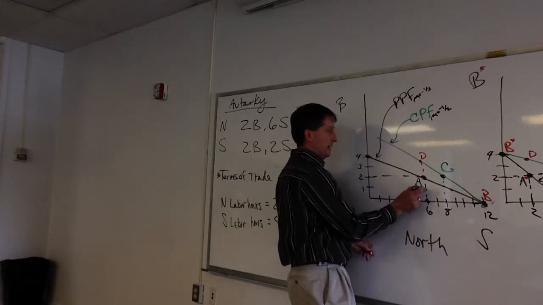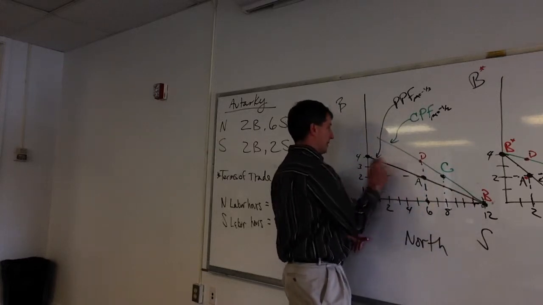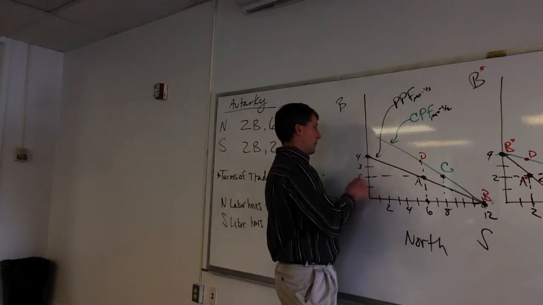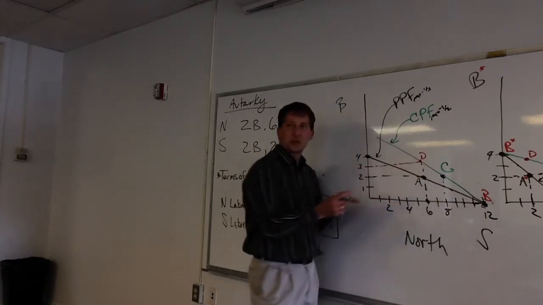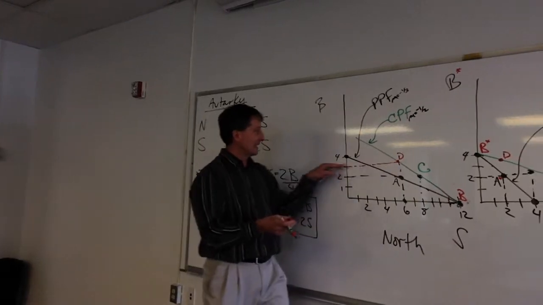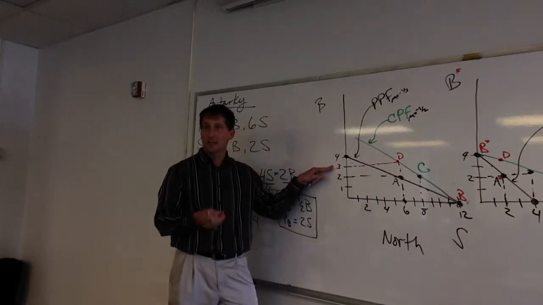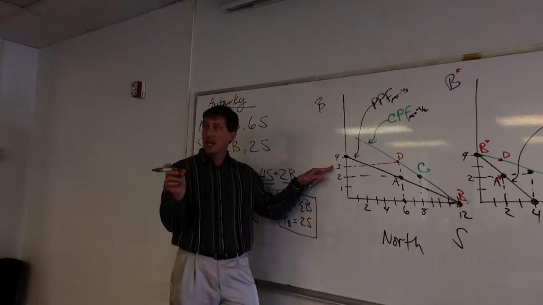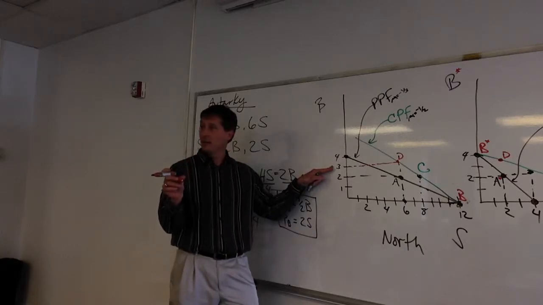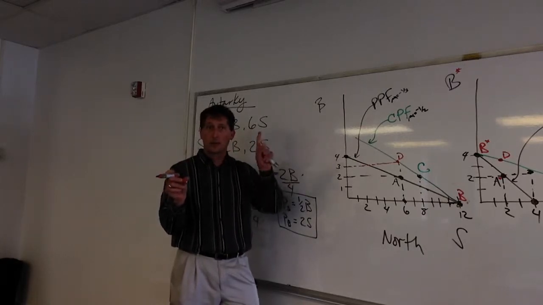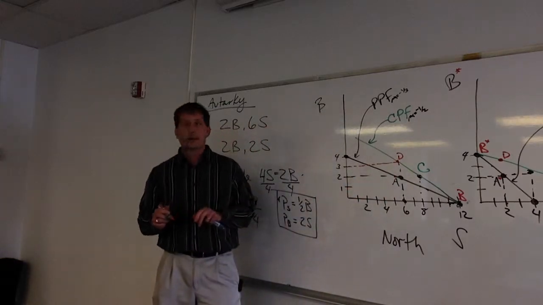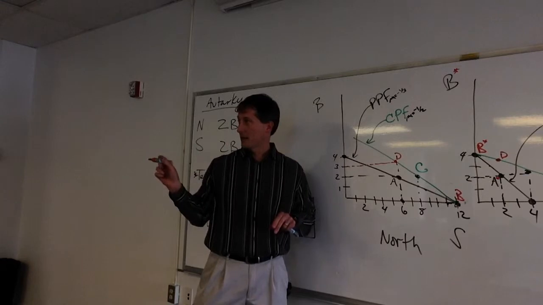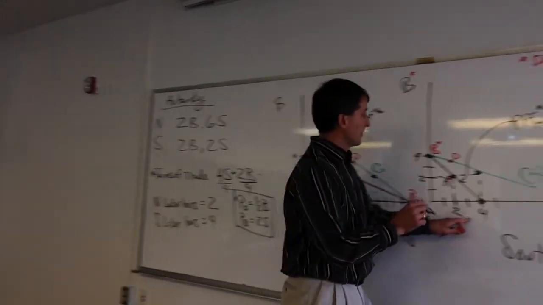I get 1, 2, 3. So point D, with the help of a little upward drift here, is actually at 3. But is my gain 3 bread? No, my gain is 1 bread, because I started at point A and I'm going to point D. Is everybody okay with that? Everybody seen that? And then same thing here.